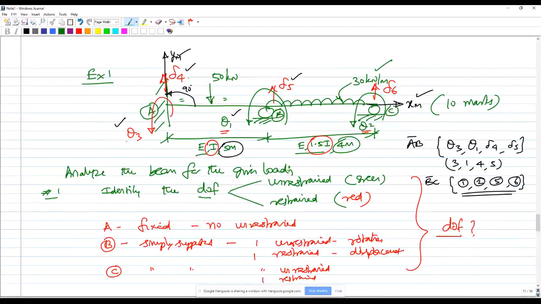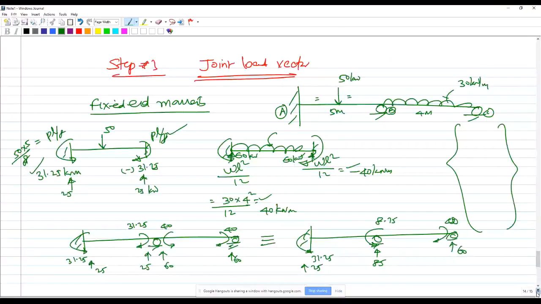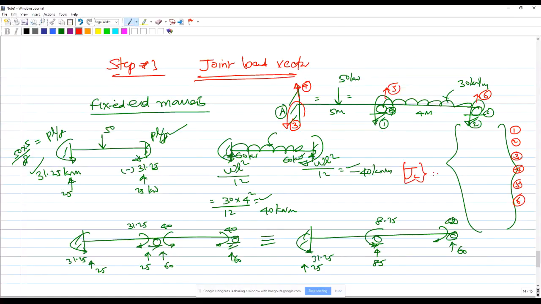Let's mark them here. 1, 2, 3, 4, 5, and 6. So I'm going to create a joint load vector. The joint load vector is a reverse of sign of the fixed end moments.